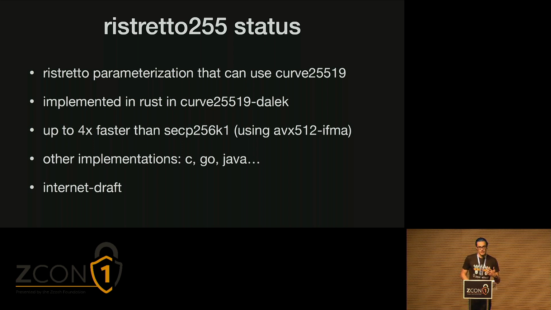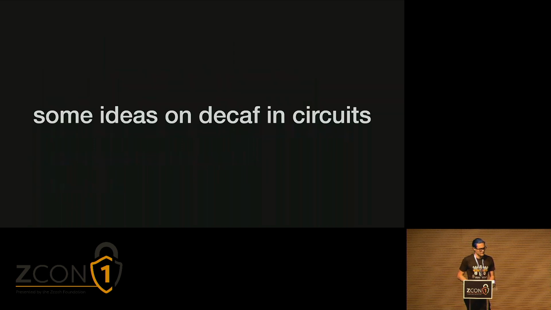So this whole construction with the isogeny graph and everything is the conceptual level of how this works, but when you actually implement it, it's just a bunch of formulas, and those are all in this internet draft. And so I'm just going to close out with some vague ideas about using decaf in circuits.